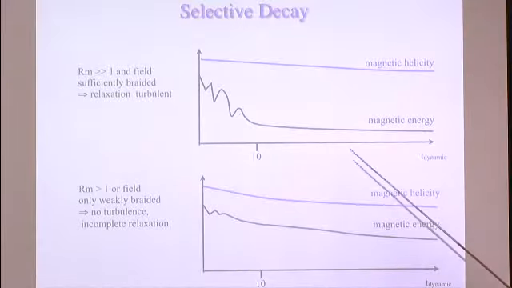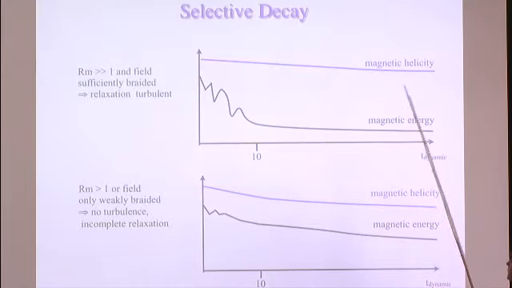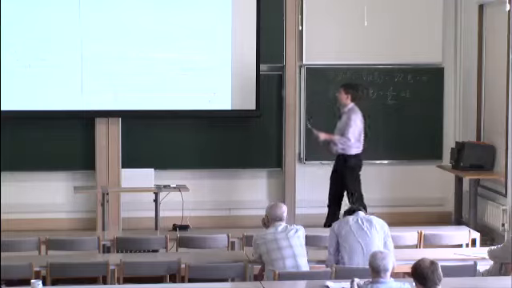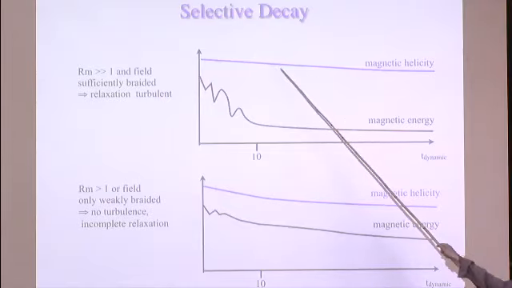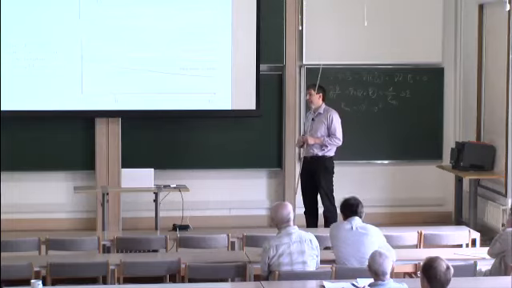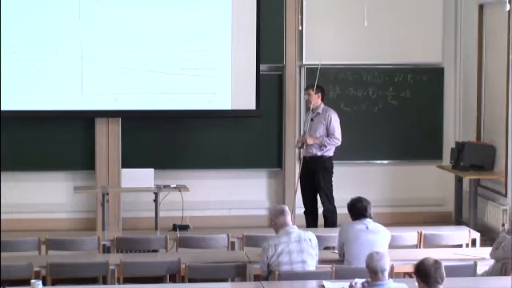And this has been termed selective decay in the sense that now you could go and try to minimize your magnetic energy under the constraint of keeping the magnetic helicity constant. Okay. You must assume something about the efficiency of dissipation.